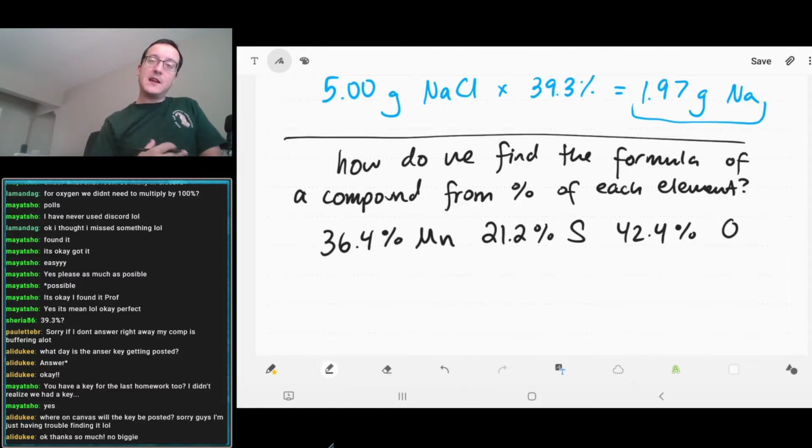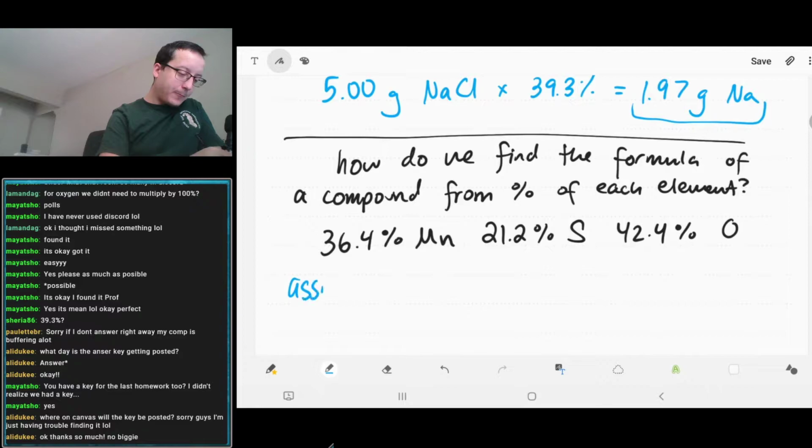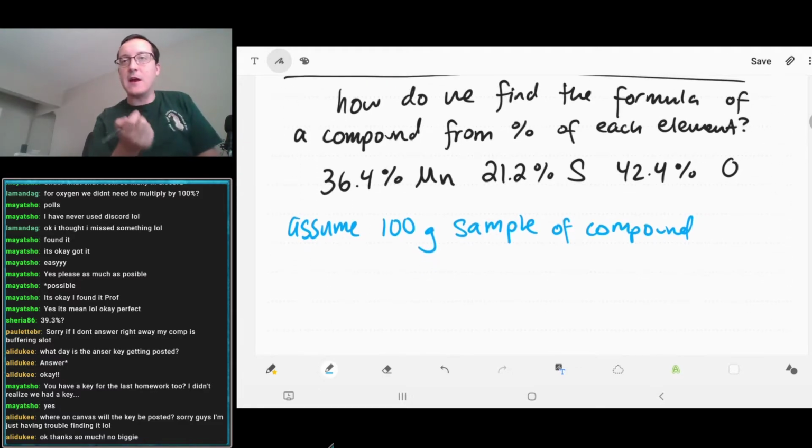When we're given percents like this, what we want to do is just assume we have a 100-gram sample of the compound. It doesn't matter, you could choose whatever number, but because these are percents, 100 is going to make the math easy for us, relatively speaking.